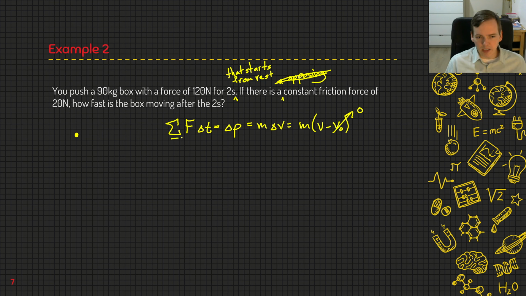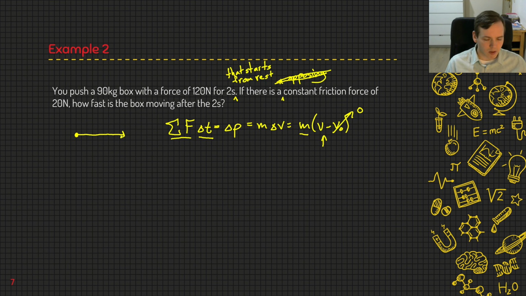So we need to find the net force. We know the delta t, and we know the mass, and that will let us find this v. So let's draw some diagrams to help us along. Sometimes it helps to start by writing down some equations so you know how to lay out your diagram. So we're going to do a free body diagram.